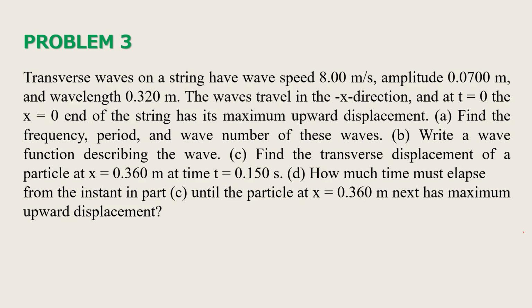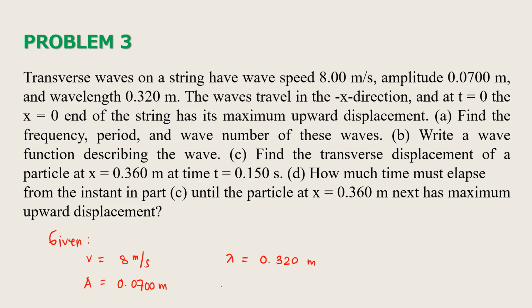So in order to solve for this problem, we have to take note of the given first. So these are the given. We are given with the wave speed v, which is equal to 8 meters per second. We are also given with the amplitude, which is 0.07 meter. And then we also have the wavelength, lambda, which is equal to 0.32 meter.